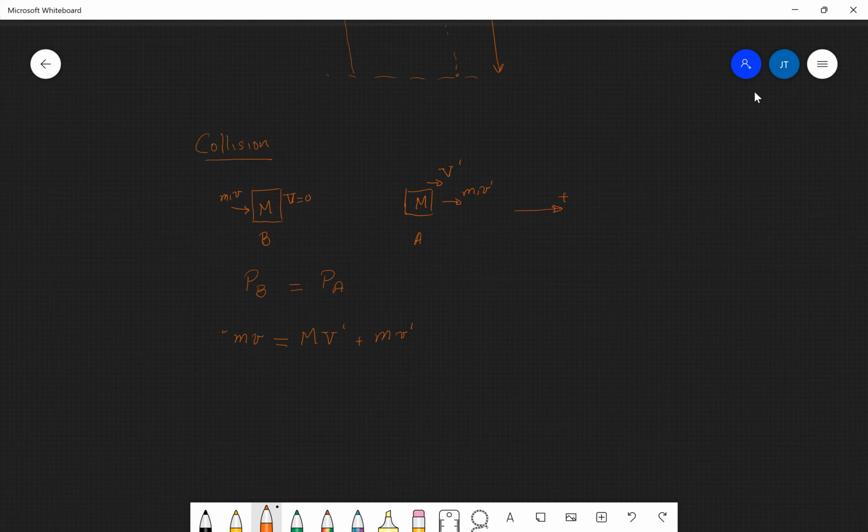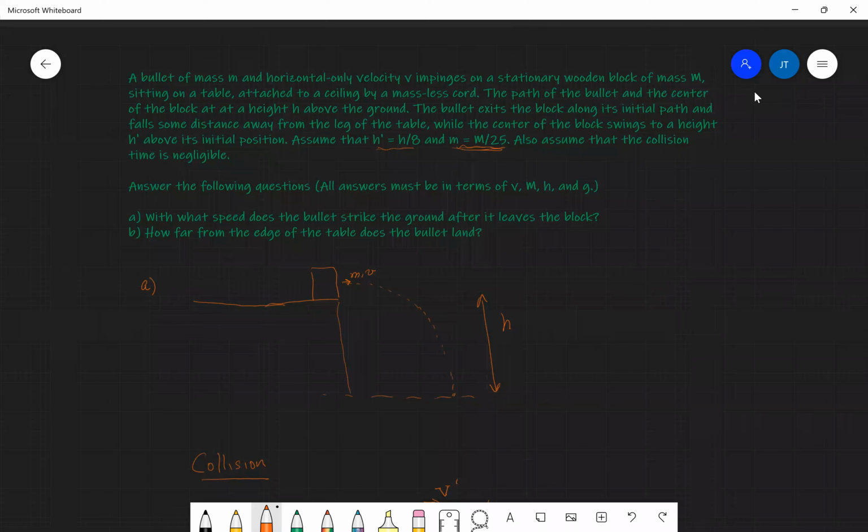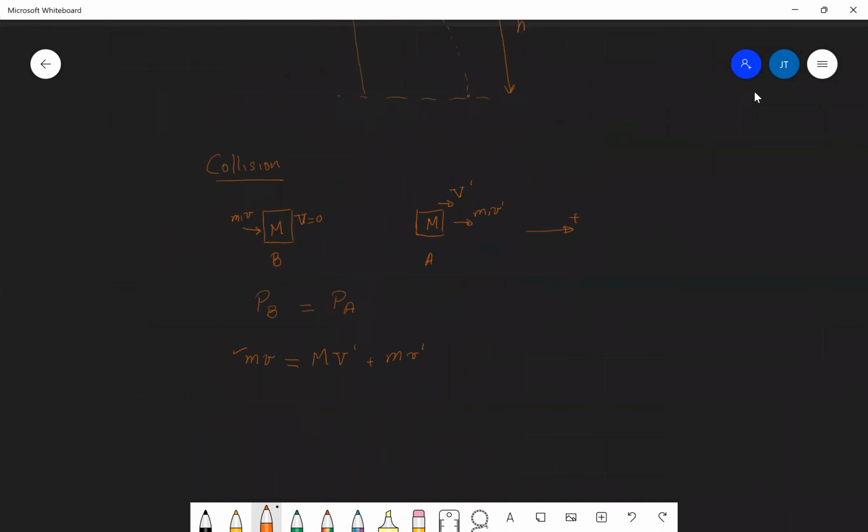I know this, right? I know M and v, because m is given in terms of big M, right? Here's big M, I know it. Here's little m, I know it. The only thing I don't know is V prime. How do I get V prime?